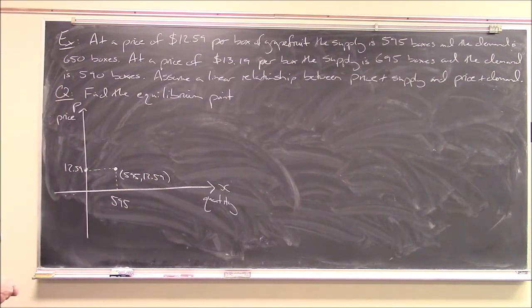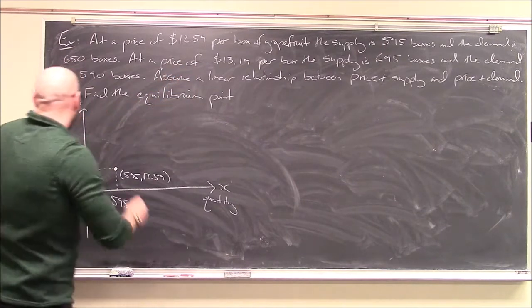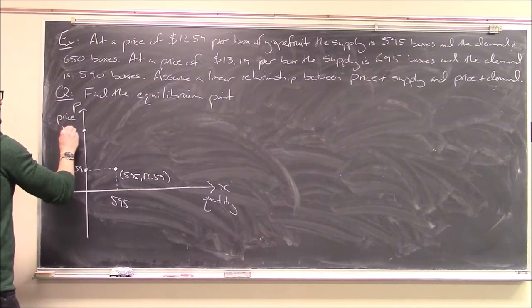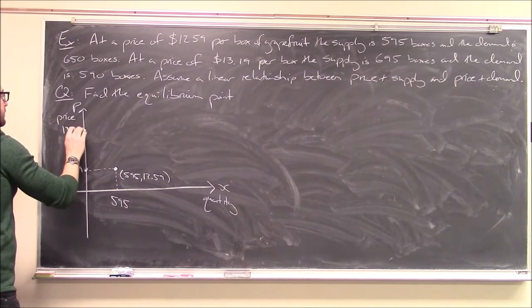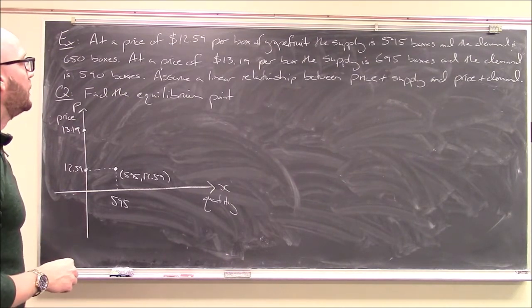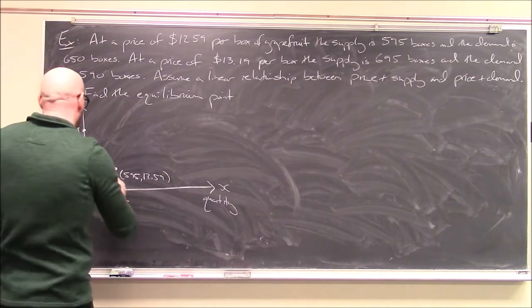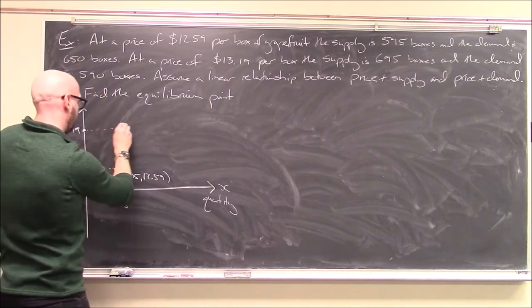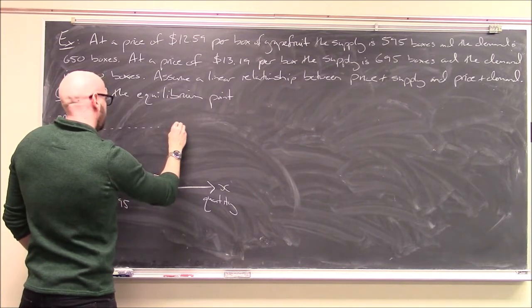There's one supply point, and we're also told that at a price of 13.19, again this isn't to scale, I'll just put it way up here, our supply has risen to 695. So maybe I'll plot that way over here for scale.